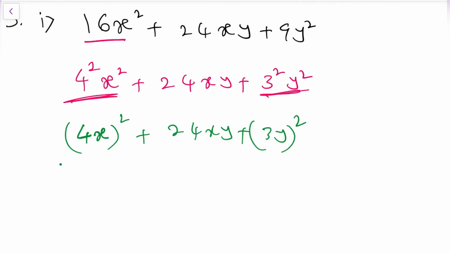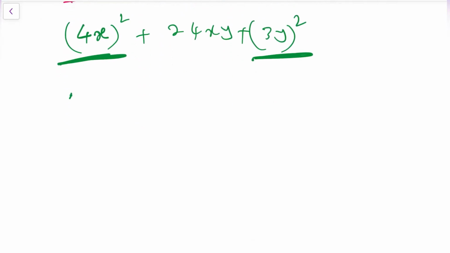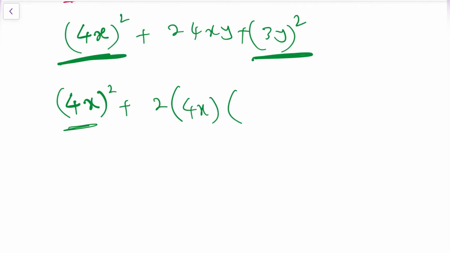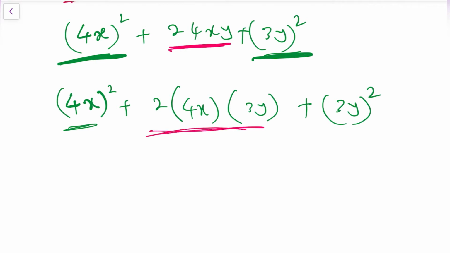Now from this, based on the first term and third term, I will simplify the second term. So 4x whole square as it is, plus 2 into a, which is 4x, into b, which is 3y, plus 3y whole square as it is. So this middle term 24xy I wrote as 2 into 4x into 3y. 2 4s are 8, 8 3s are 24, again same.